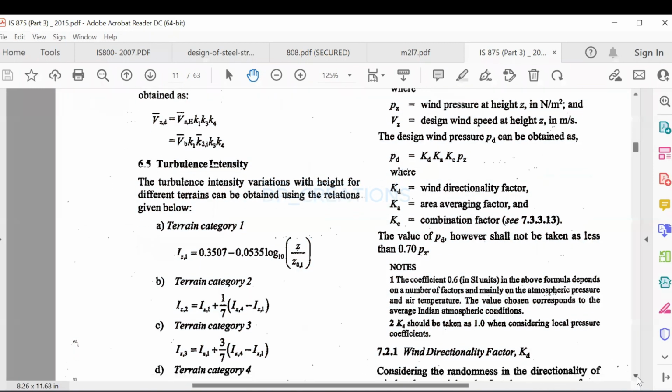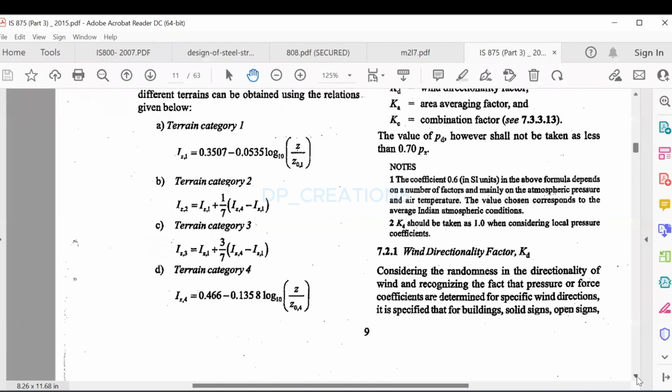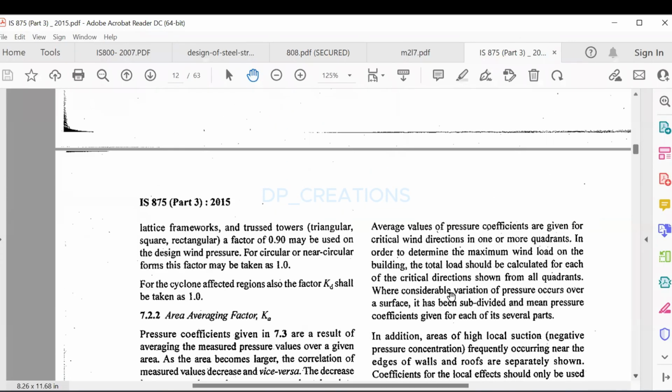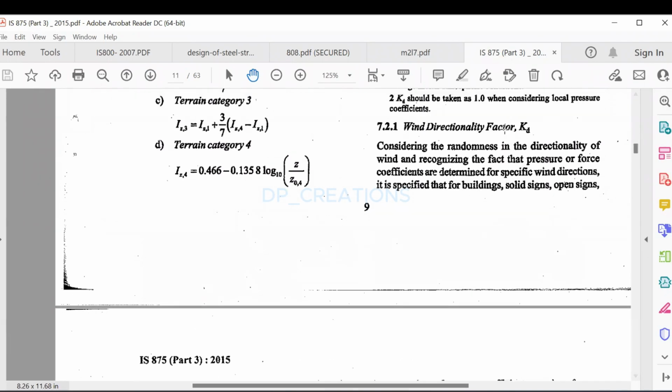Clause number 7.2.1. For triangular, a factor of 0.9 may be used on design speed. For circular and non-circular, for this category, you can take 1. So in our case, it is 1. So the clause number is 7.2.1.